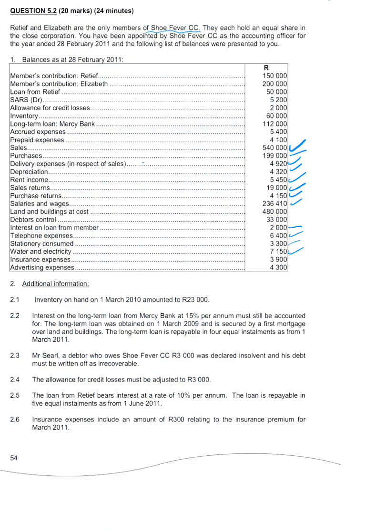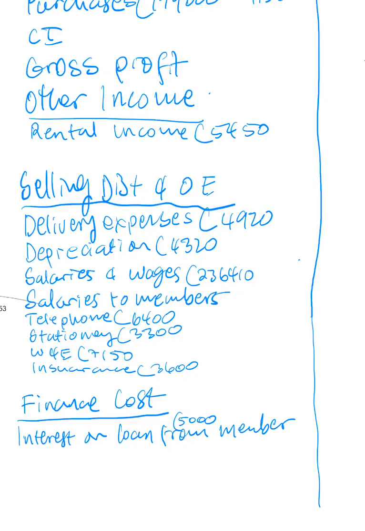Next is the advertising of 4.3. So advert 4.3. Right, let me create more space there in case of other things.